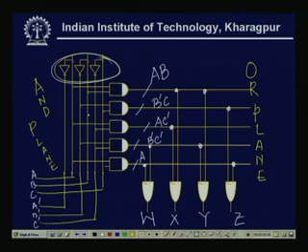Now, how many rows and columns does it have? In the AND plane, the number of columns will be twice the number of input variables, and the number of rows will be the number of distinct minterms that exist in that particular function that I want to realize. So, now I can design the AND plane.